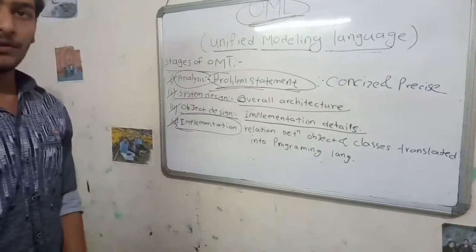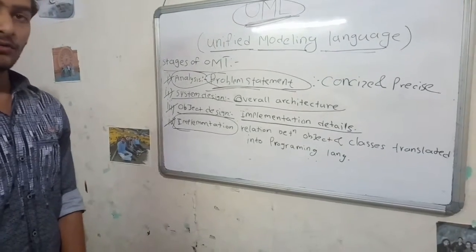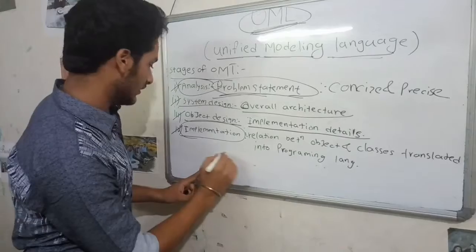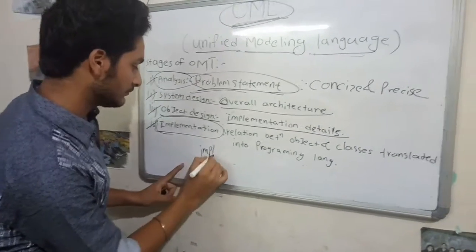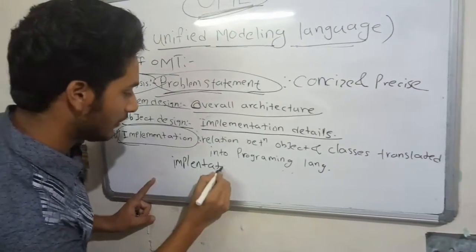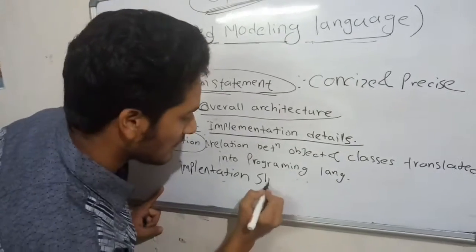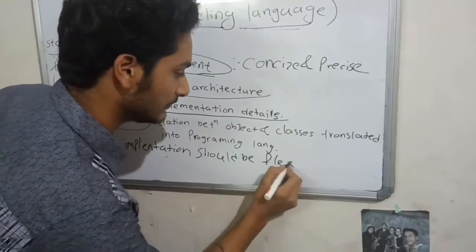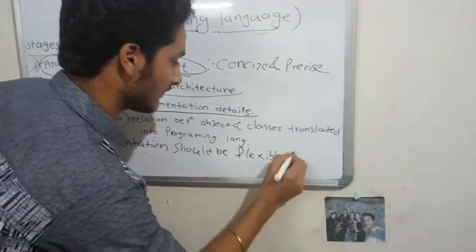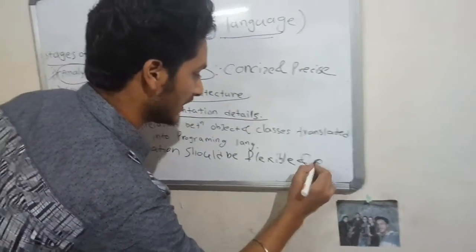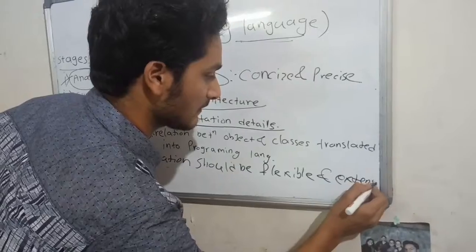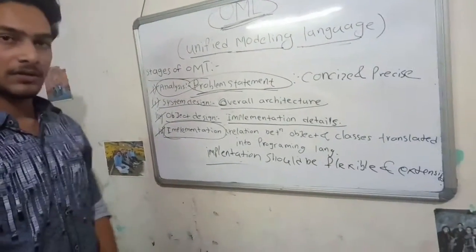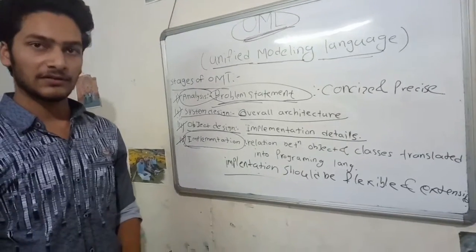It is the relationship between objects and classes translated into one programming language, and this implementation should be flexible and extensible. For that, the software developer should follow good engineering practices.